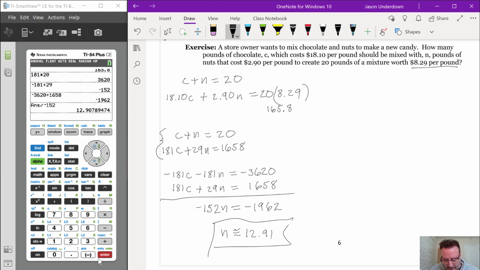It would be 7.09, I think, right? Yeah, because 12.91 plus 7.09 is going to sum to 20 pounds. So C is 7.09, okay?